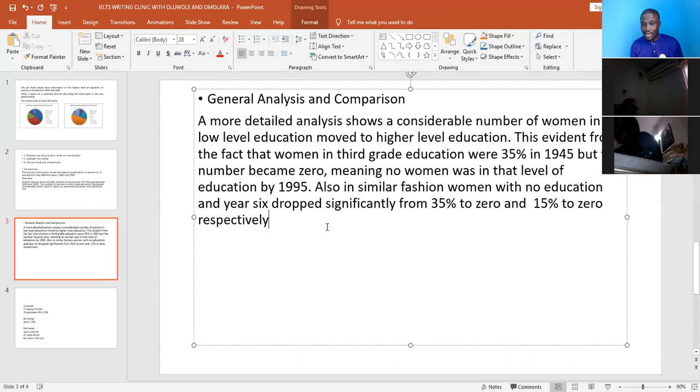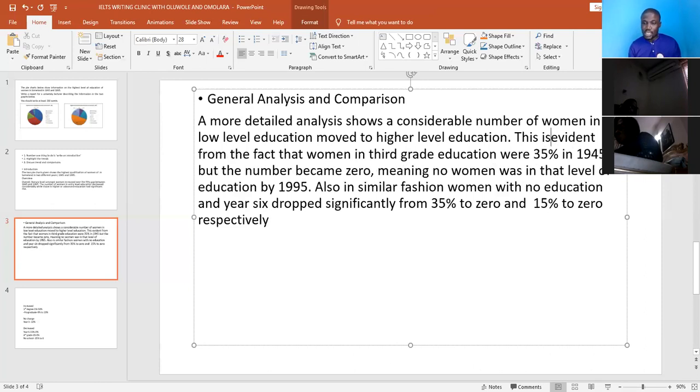A more detailed analysis shows a considerable number of women in low-level education moved to higher level education. This, okay, I didn't write a good sentence here. This is evident from the fact that women in third grade education were 35% in 1945, but the number became 0, meaning no woman was at that level of education by 1995.